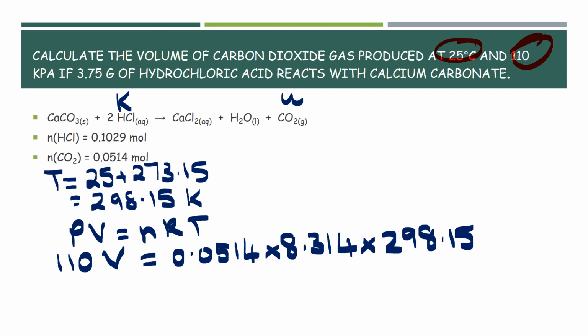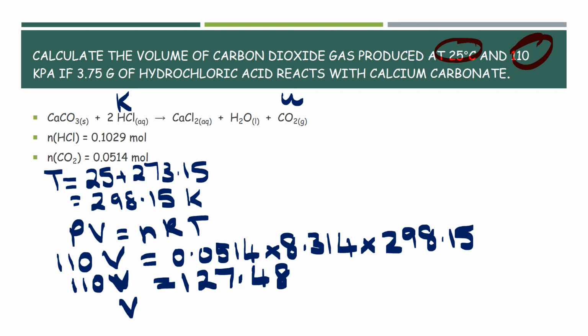So rearranging this equation, you'll end up with 110 times the volume is equal to 127.48.